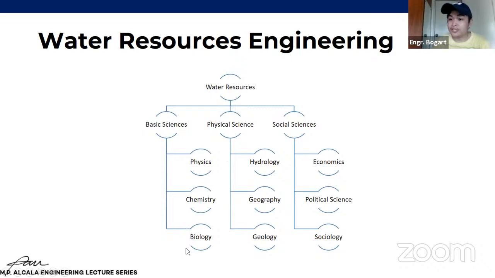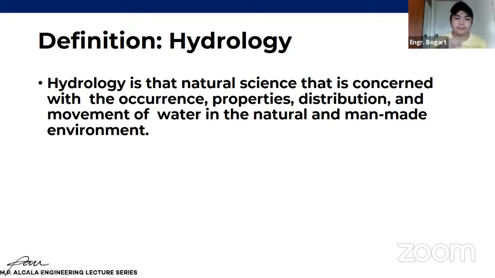Why biology? Anything that has water has life, right? And sociology, we are affected every time there's a water shortage, right? In Manila Water, because it's the study of the behavior of people, right? Social sciences. Now let's define properly what is hydrology.